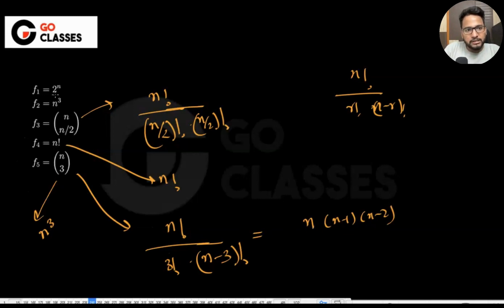Let's talk about these things. 2 power n. So which one do you think? Let's talk about f1 and f4. Which one do you think is greater? 2 power n or n factorial? 2 power n. Okay. Why? Can you compare 2 power n and n factorial? Let me just do it. This is after taking log.